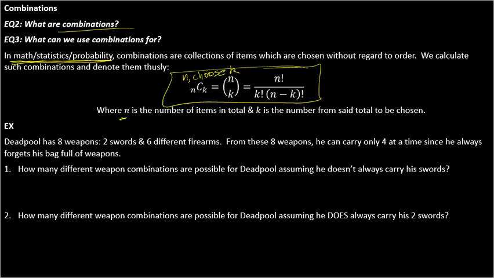So n is the number of items, k is what we're choosing from that total. So n is the total, and k is what we're choosing from the total.